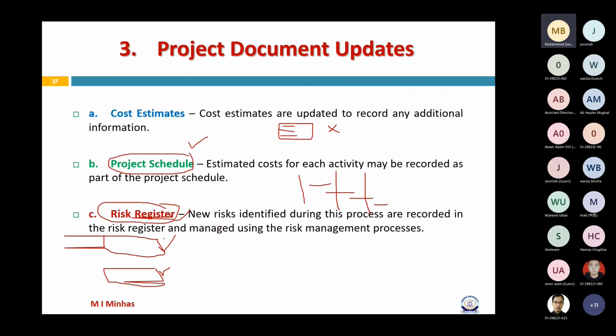And let's say during reconciliation, we found that now our duration would be increased and it would be very near to the deadline that we have from the customer. So obviously now this new risk would emerge. Previously, we planned our activities much earlier than the deadline, but now because of reconciliation we have to move things forward and now this new risk has emerged, so obviously we would like to register it in the risk register, right?